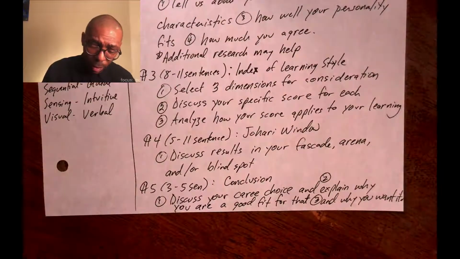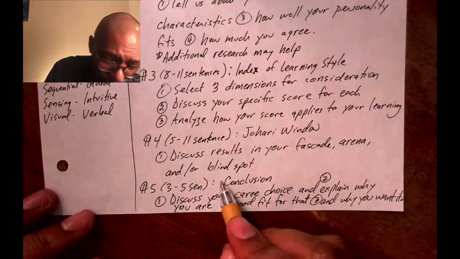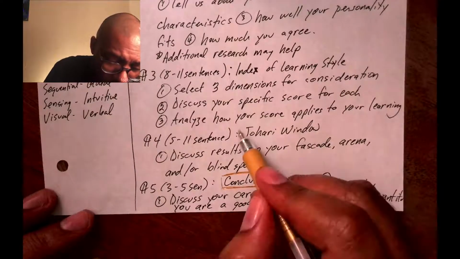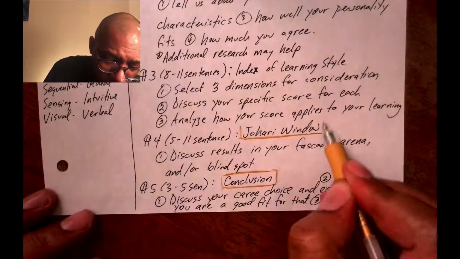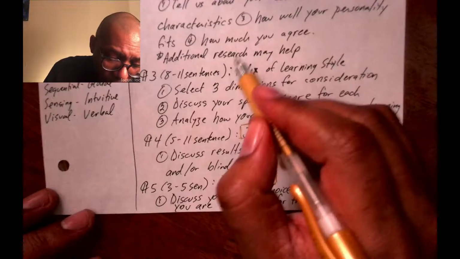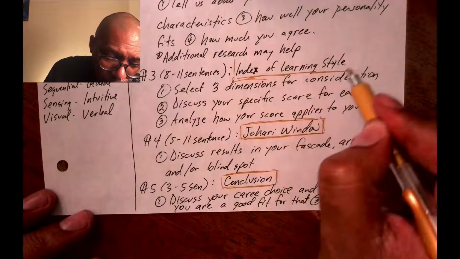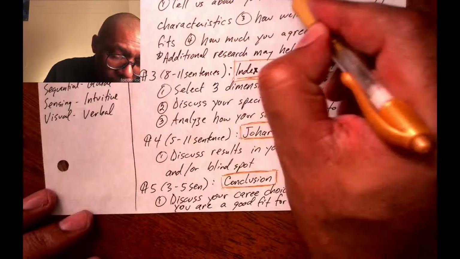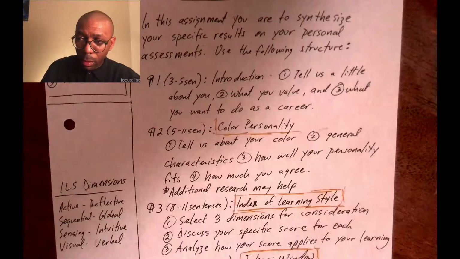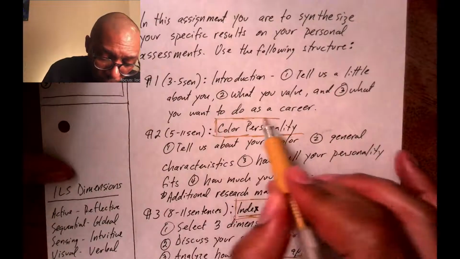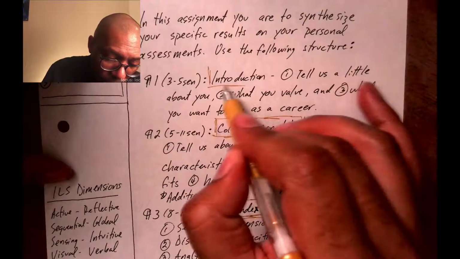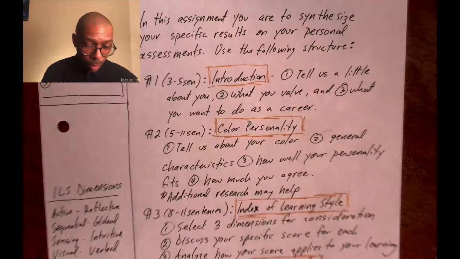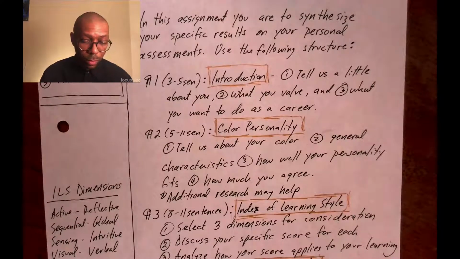But what I am going to do is use the gold to highlight conclusion, Johari window, index of learning style, color personality. Let's go on down here. And the intro. Okay. Then I'm also going to throw some blues for questions, green is for details.